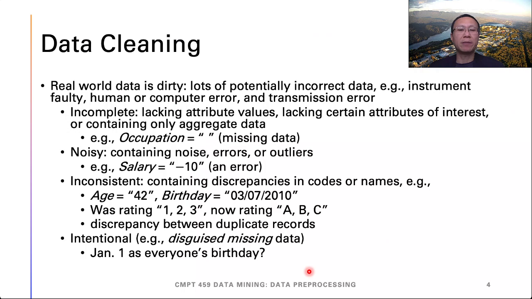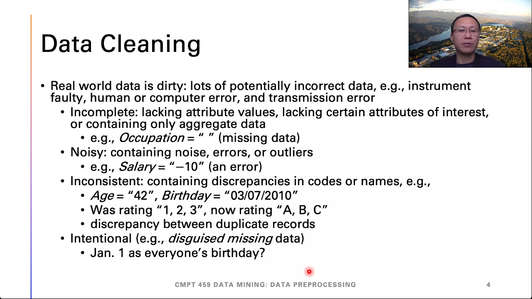And also there may be some inconsistency within the data. For example, there could be some discrepancies in codes or names. For example, the age may not be consistent with the date of birth. And also there could be different codes for ratings. For example, we have the letter grades A, B, C, D, but some people may key in the wrong input, and use numbers, say 1, 2, 3, and so on.